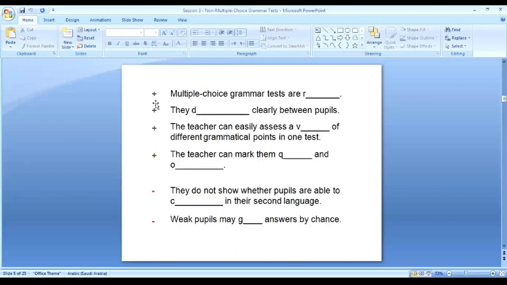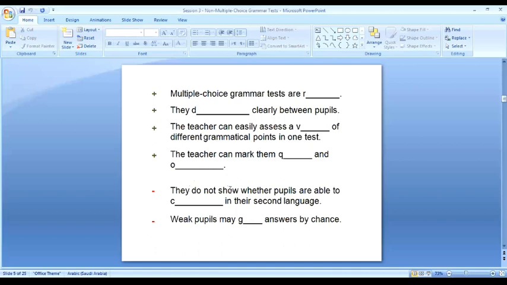So here we have advantages and disadvantages of multiple choice objective tests. Multiple choice grammar tests are reliable. They discriminate clearly between pupils. The teacher can easily assess a variety of different grammatical points in one test. The teacher can mark them quickly and objectively.